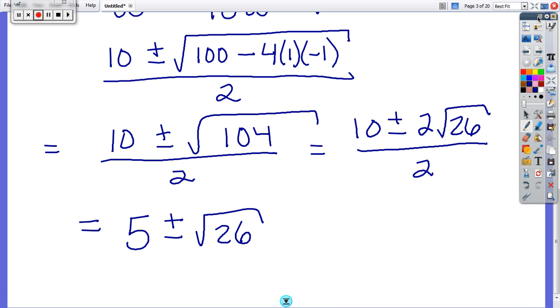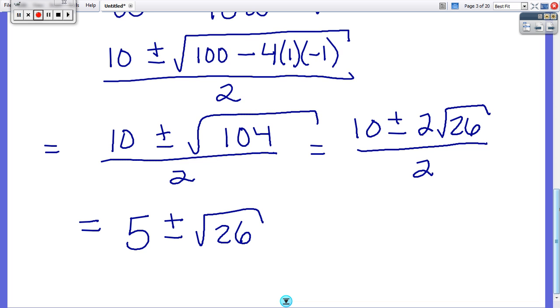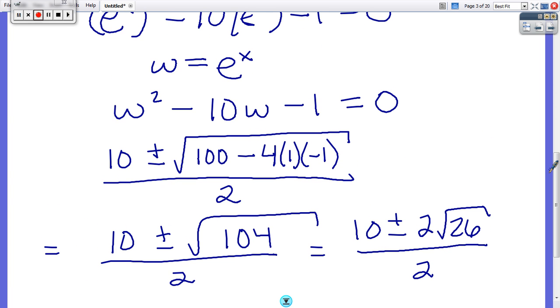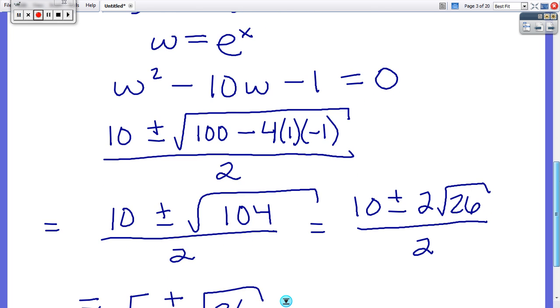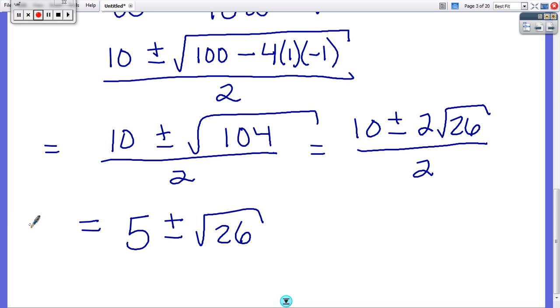So, if you remember, we said that w was equal to e to the x. So that means that this is equal to w, which is also equal to e to the x.